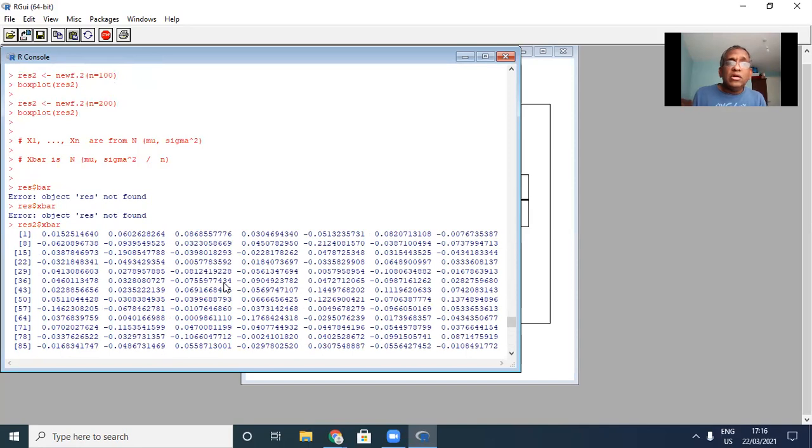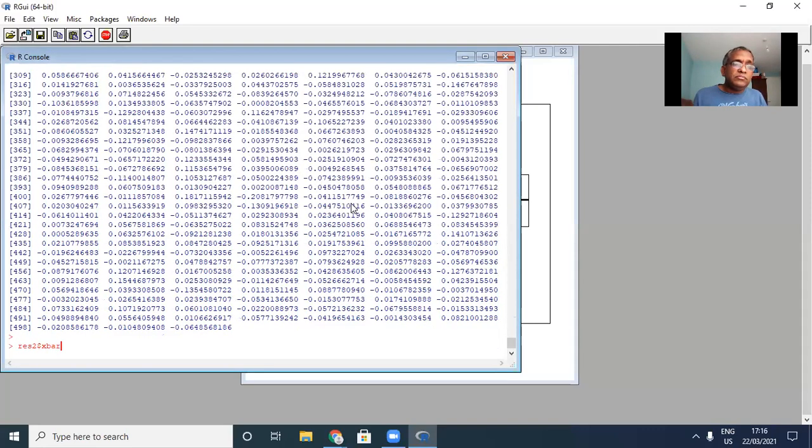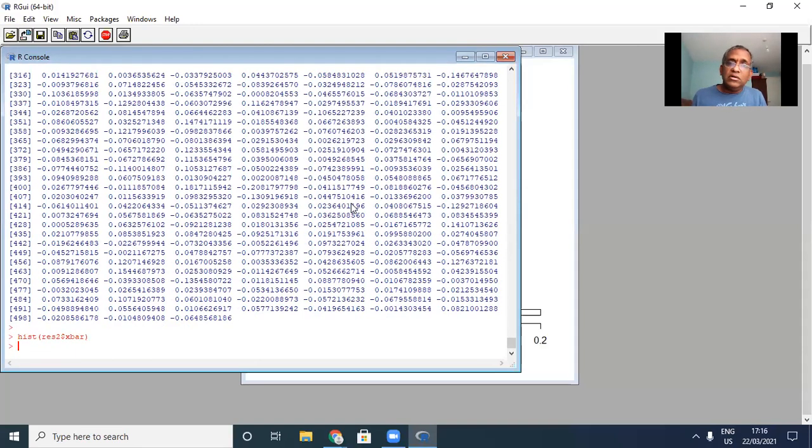According to the theory, these values must follow a normal distribution with mean equal to mu and variance equal to sigma squared by n. Now let me check whether that is actually true. To check that, I'm going to do a histogram.